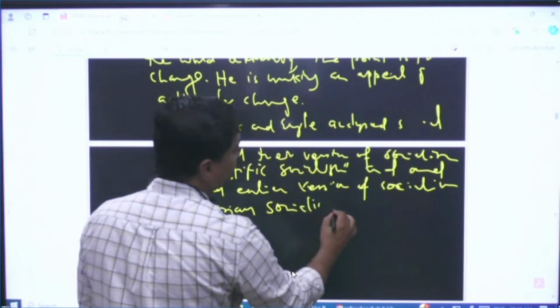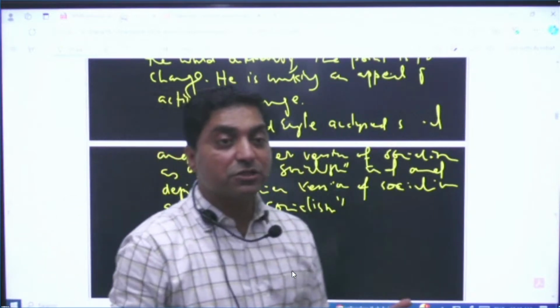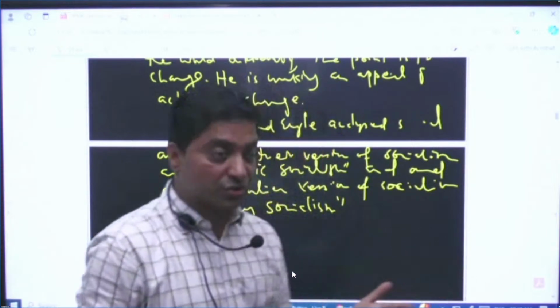Marx laid several principles for revolution, for change.